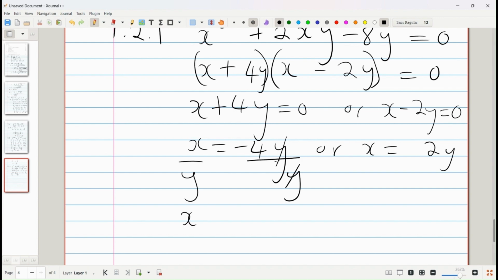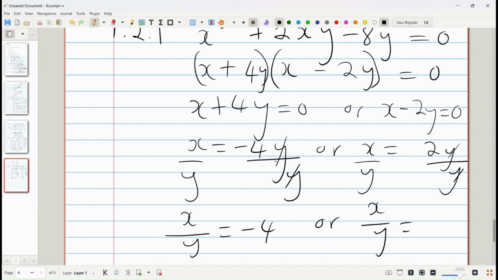So we'll have x divided by y equals to negative 4, or we do the same here. We can divide by y both sides such that the y's here cancel, and then x divided by y will equal to 2. So that's our final solution.